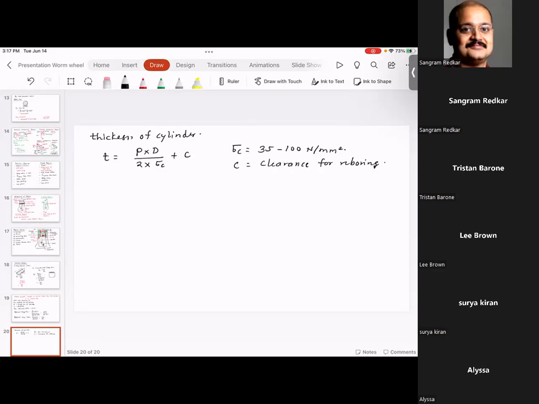So if you look at table 32.1, that will tell you the diameter and the value of C. Diameter is 75, C is 1.5; diameter is 100, C is 2.4; diameter is 150 millimeters, it's 4.